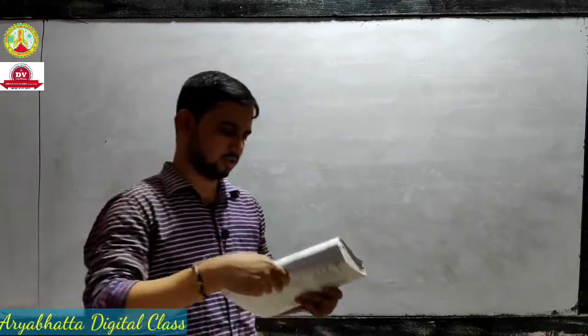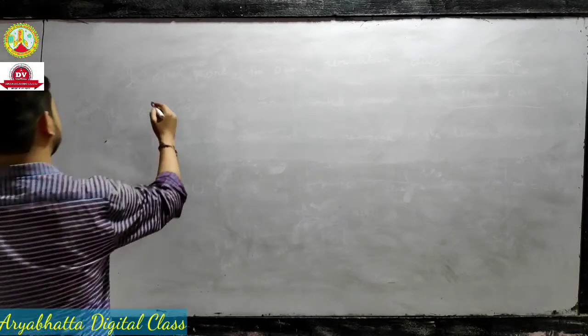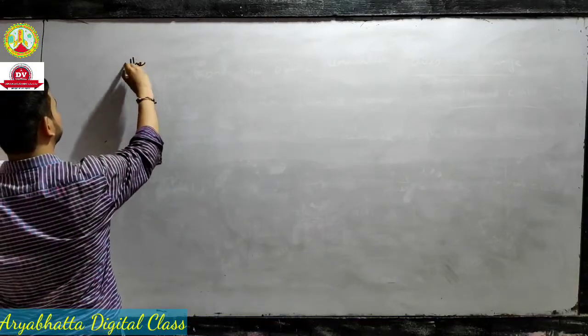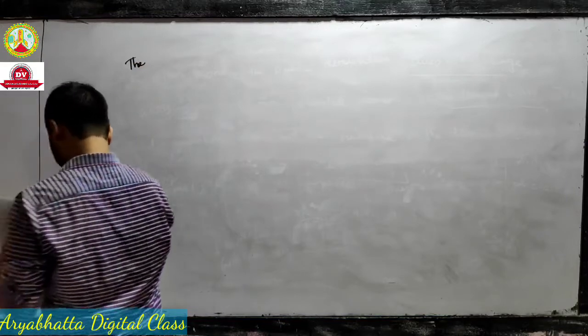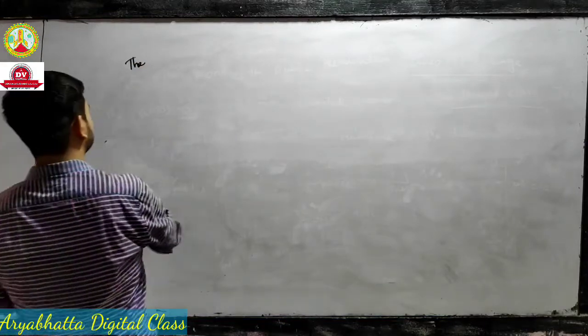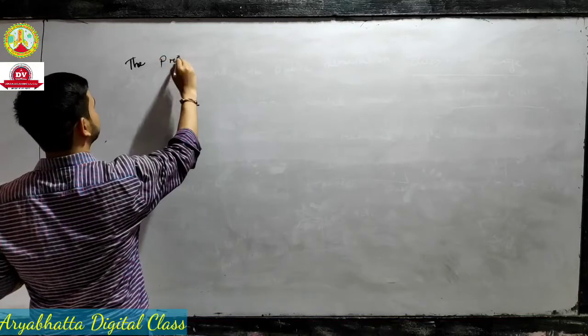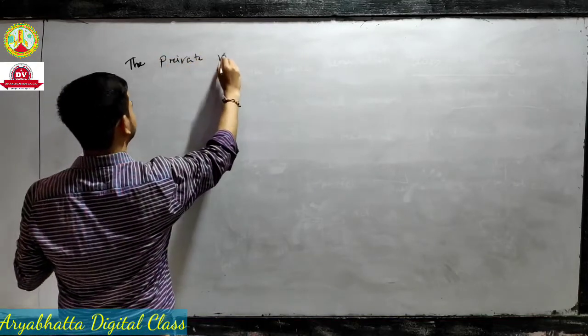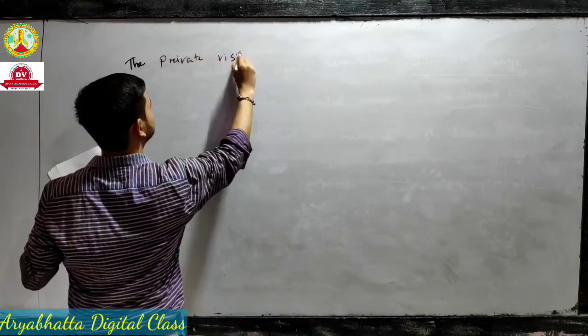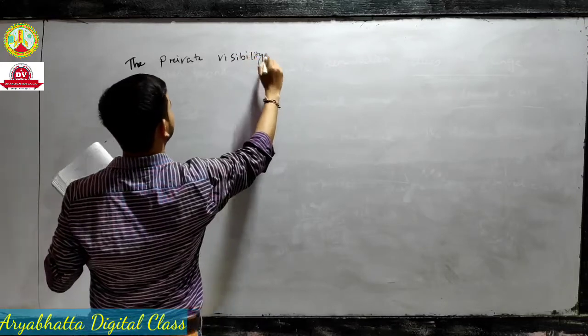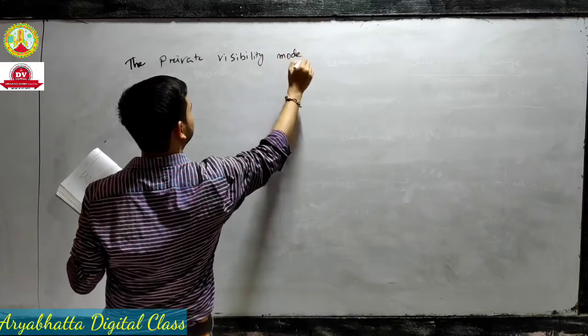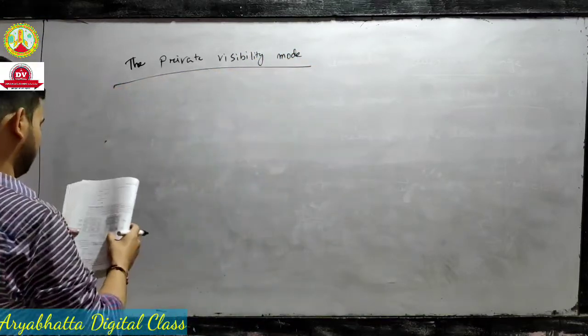Okay, and we need to draw a diagram. Okay, just write down the private visibility mode.